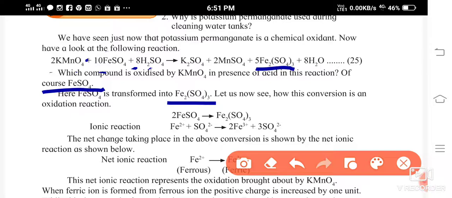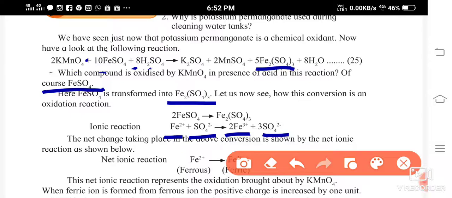So see, FeSO4 forms Fe2(SO4)3. So what has happened here? Fe2+, a cation, and SO4 2-, are going to combine and form Fe3+ and SO4 2-.